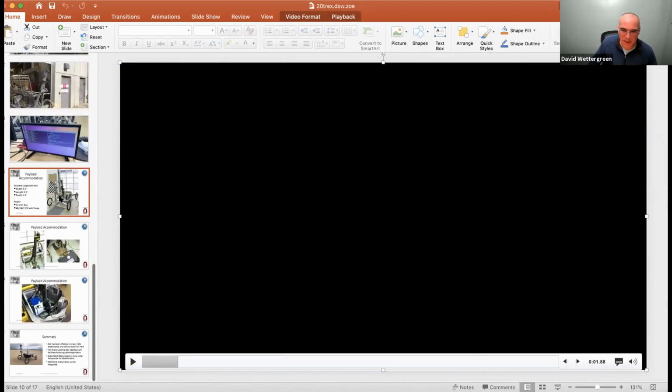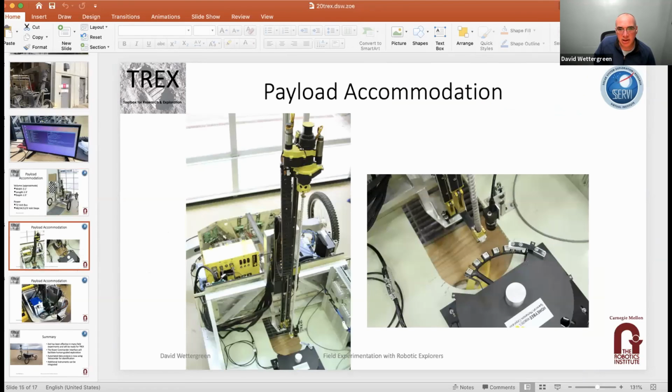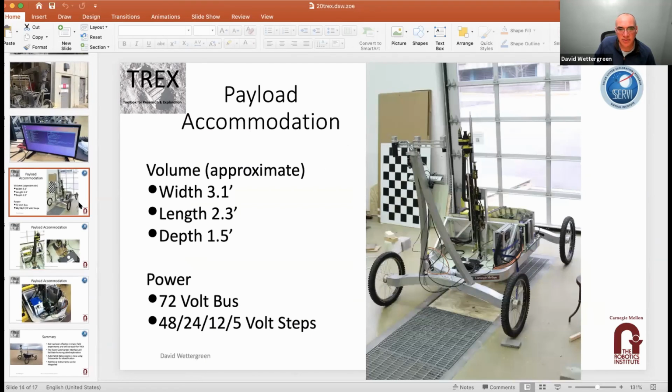All right, so I'm basically done there. The next couple of slides are just, again, for folks that aren't familiar with Zoe. You can flick through and see that when we pull the shell off, we've actually got this large payload bay in which we can put all different kinds of instruments. We're expecting a few more spectrometers from the TREX team, and we've got the space and the power to support those.